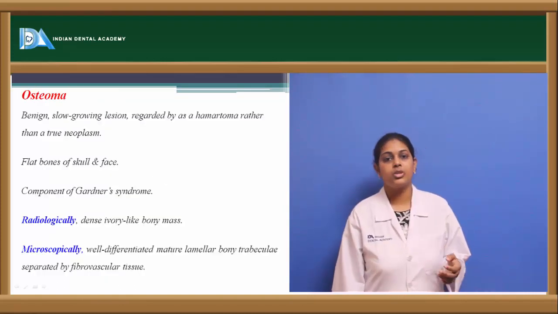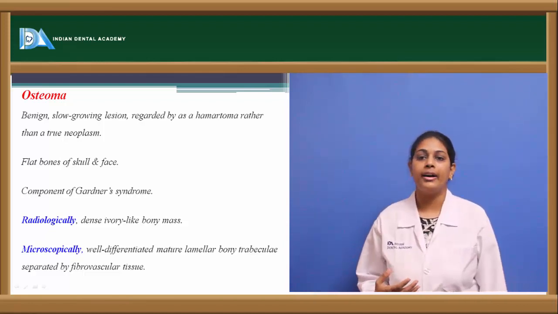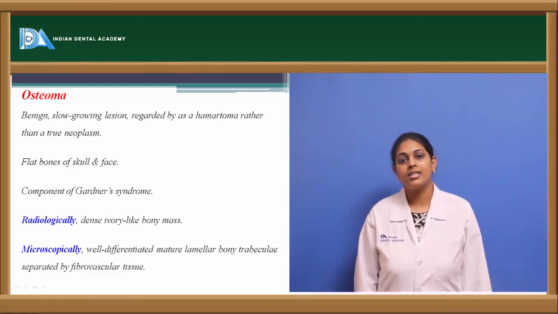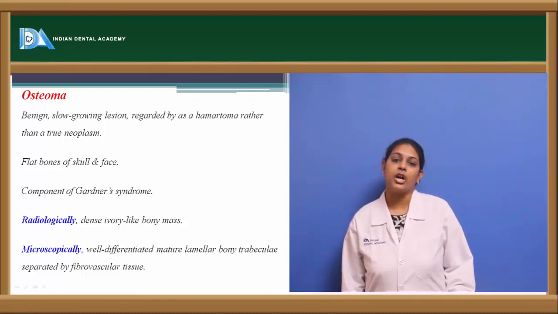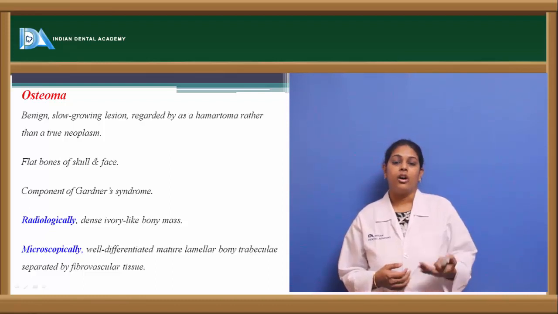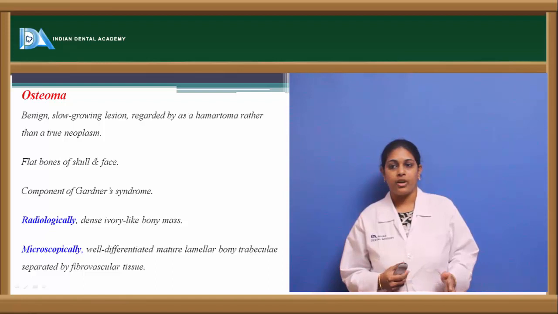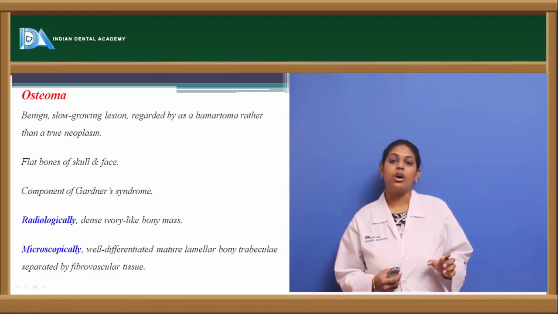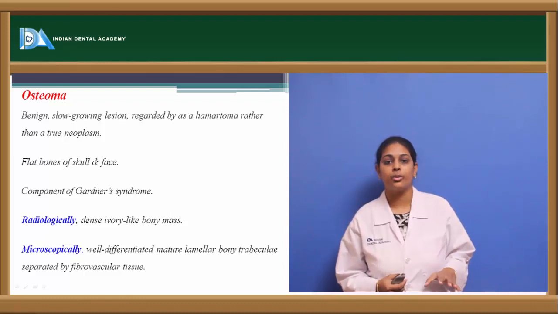Coming to osteoma, it is a benign tumor of the bone, usually slow growing, and it is regarded as a hamartoma rather than a true neoplasm. That is, it is an abnormal proliferation of tissue local to its origin. So it is not a true neoplasm, and it usually involves flat bones such as the skull and the face, which are the most commonly involved areas for the tumor to occur.